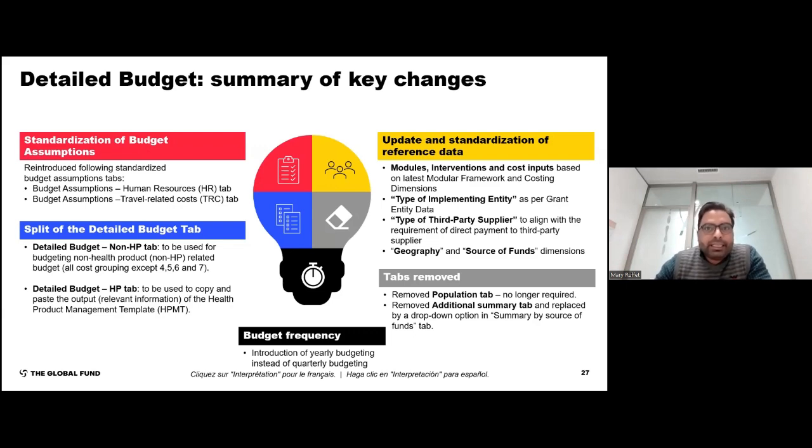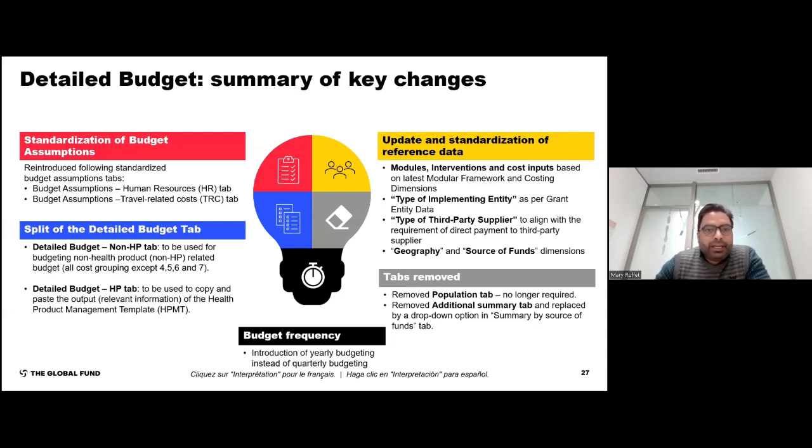But there are other conditions for this. This is only applicable where the implementer requires HPMT. If the implementer doesn't require HPMT, then they will be budgeting only in the non-HP tab. For this, you can find all those details in the instruction documents for both the detailed budget template and the HPMT tool.